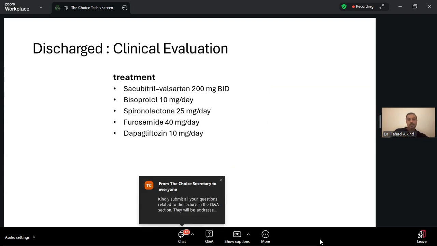Hence, she was discharged on the 4 pillars of heart failure with reduced ejection fraction that we know: sacubitril, bisoprolol, spironolactone, furosemide, and dabigatran.